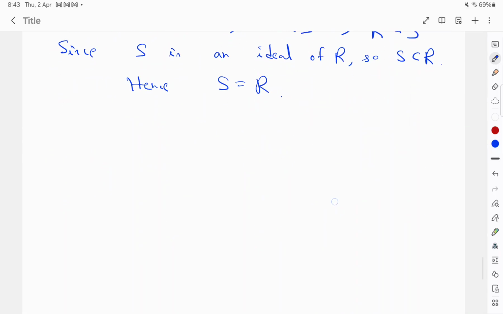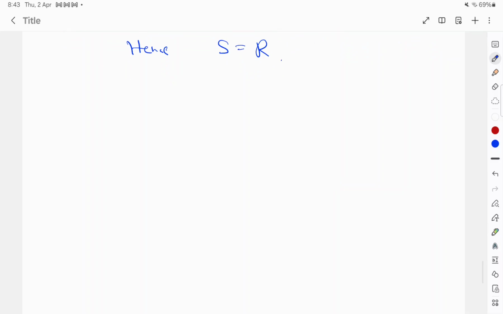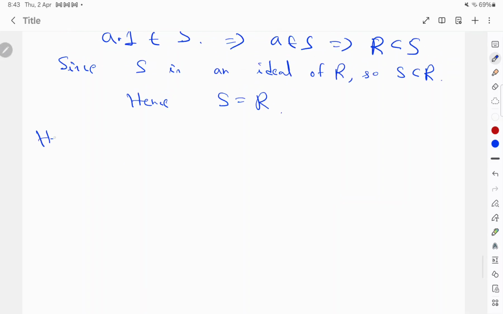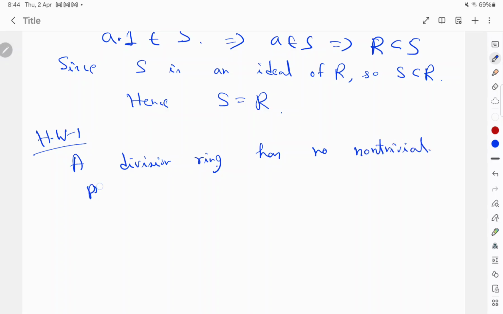So in a similar way you just have a look at this theorem. This is your homework 1, just have a read. A division ring has no non-trivial proper ideal. What do you mean by non-trivial proper ideal?